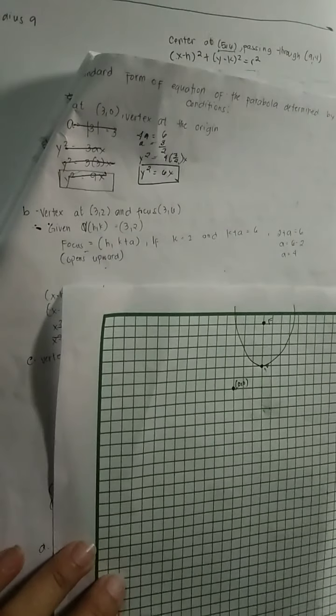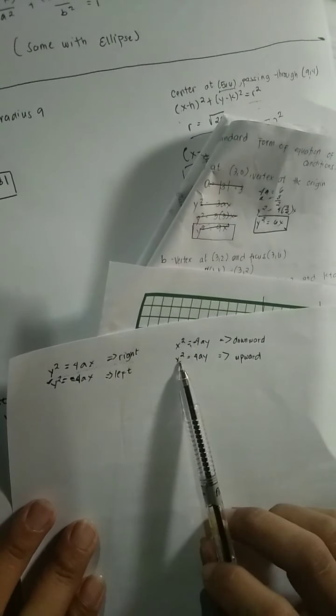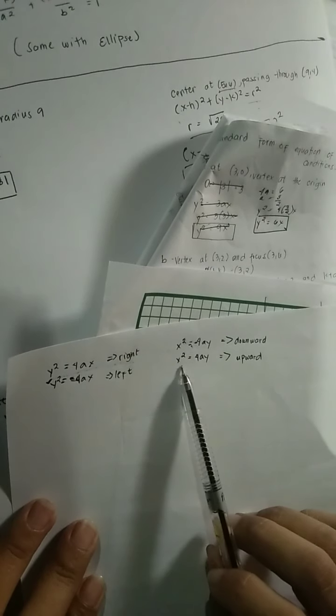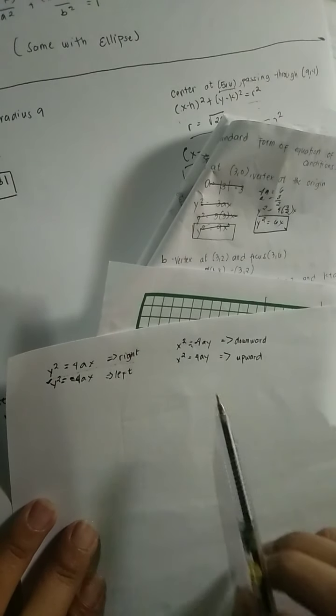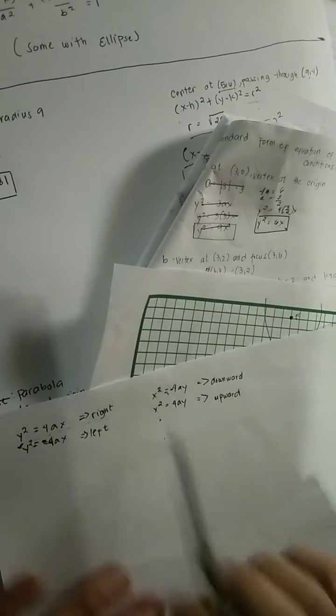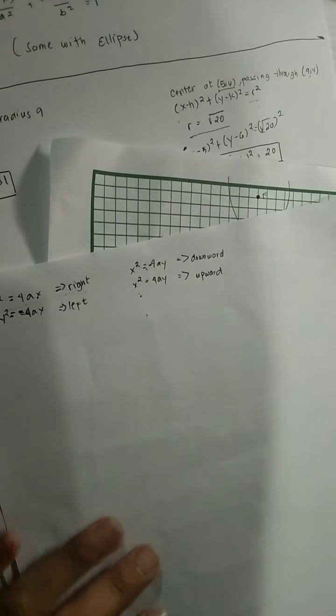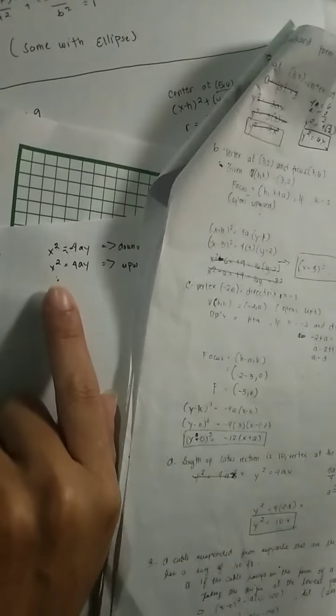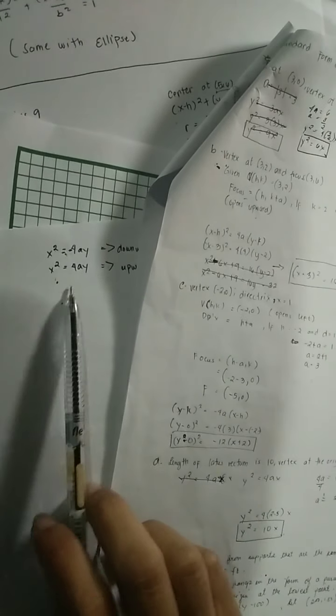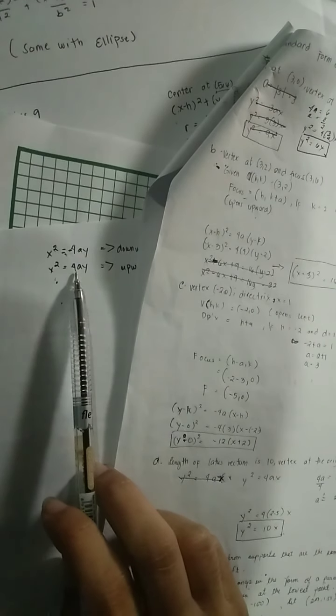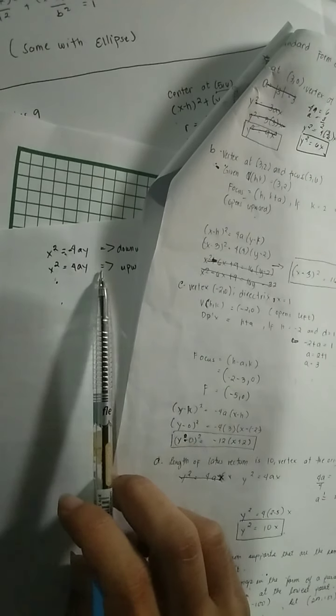So I'll have to find the equation. It opens upward. This is the equation for a parabola with a vertex at the origin, but I'll just use the general form.